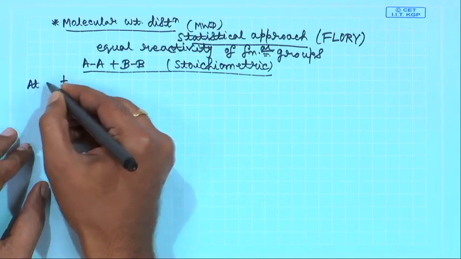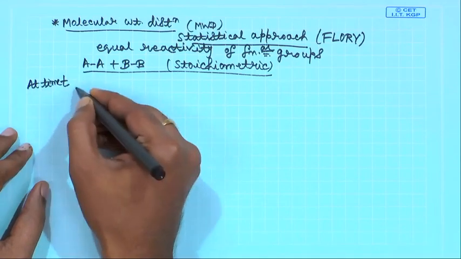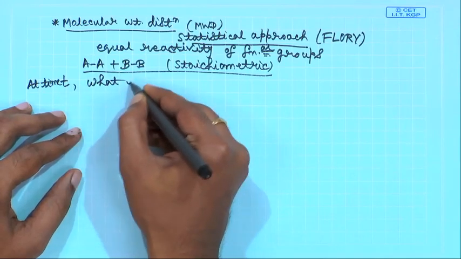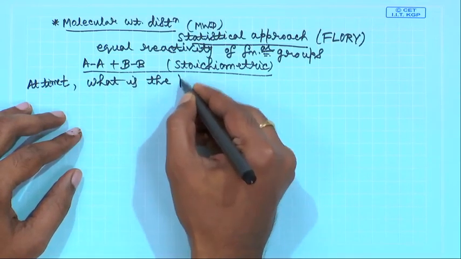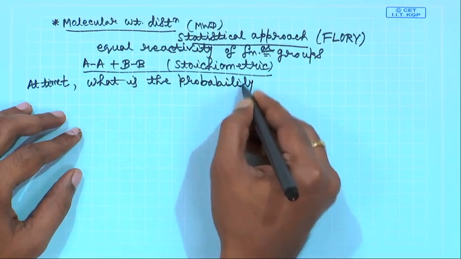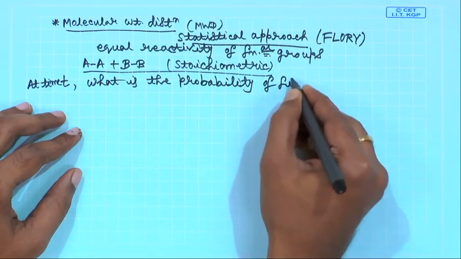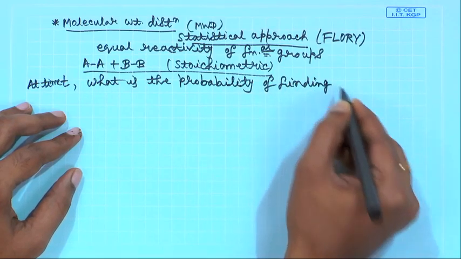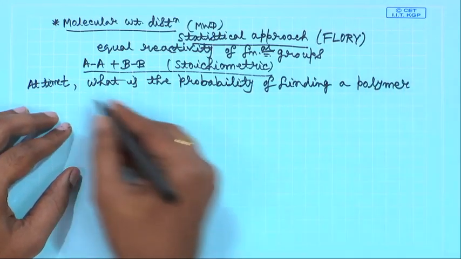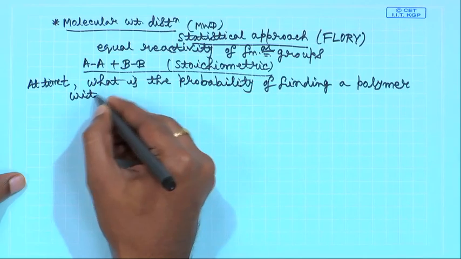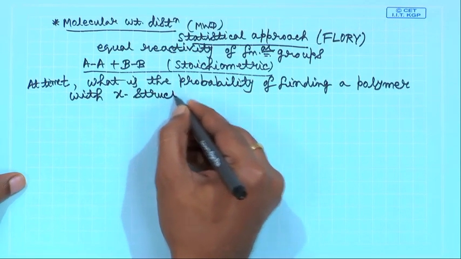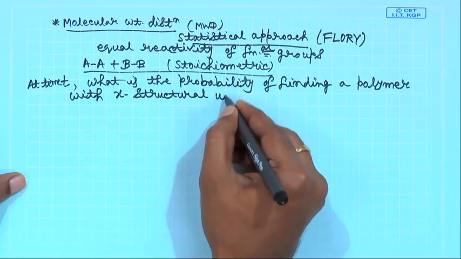So, at time t, what is the probability of finding a polymer with x structural units?